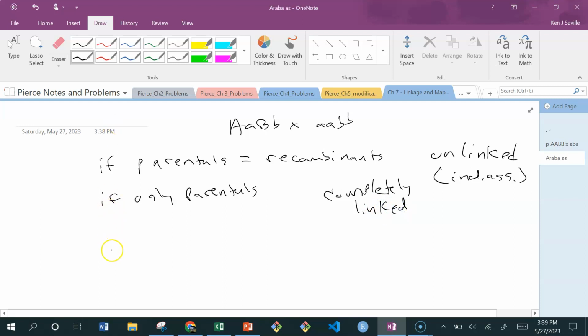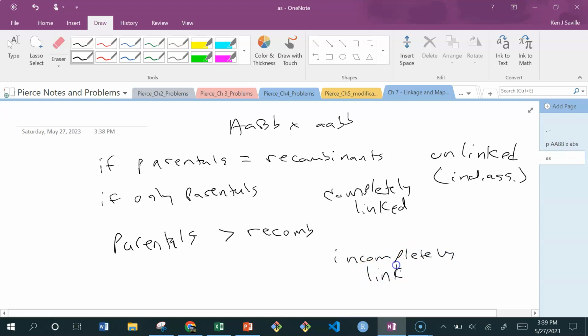But if you get both parentals and recombinants, and the parentals are significantly greater than the recombinants, then we say that's incompletely linked. What that means is that they're on the same chromosome, but sometimes you get crossing over between them.